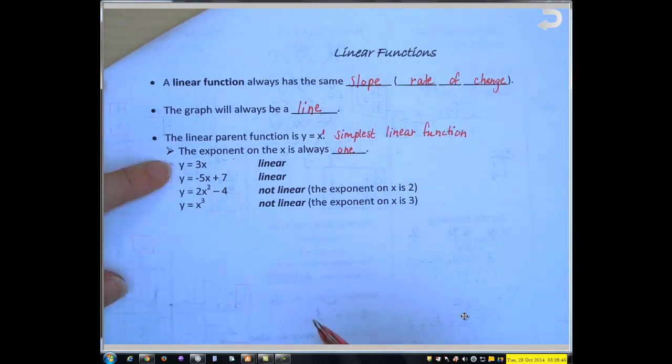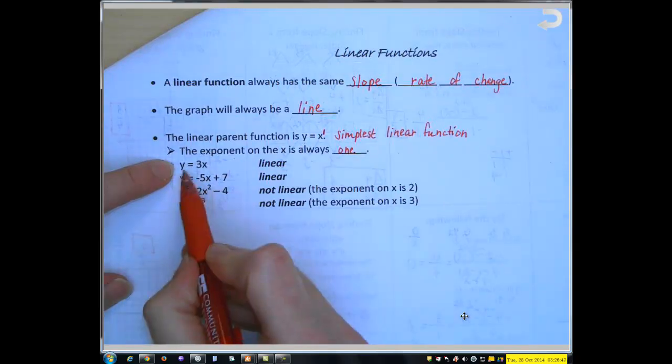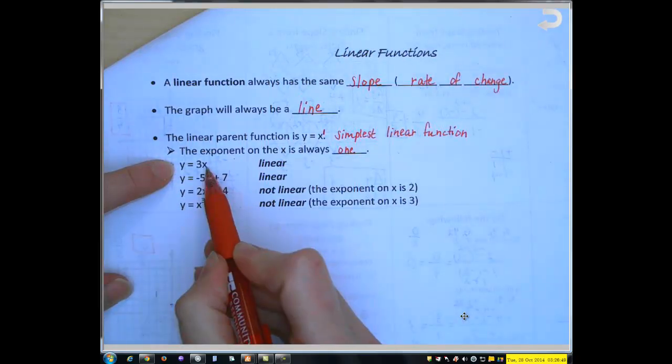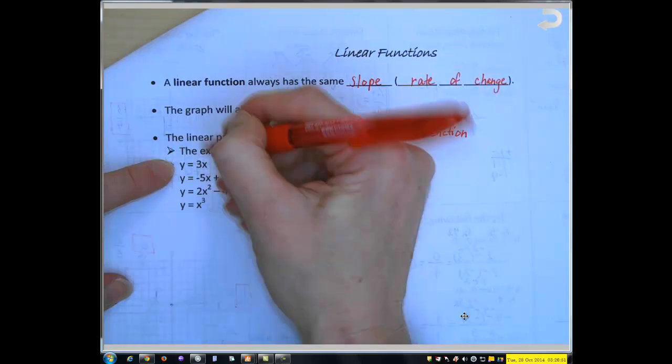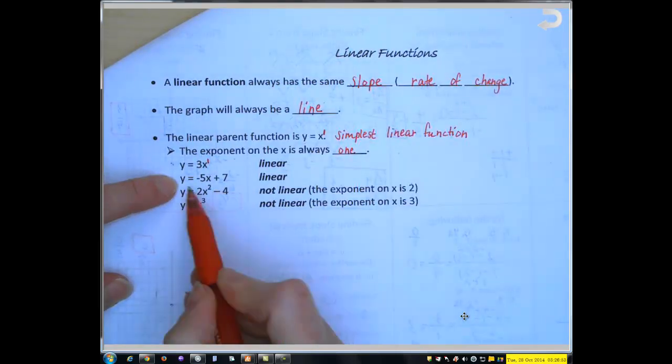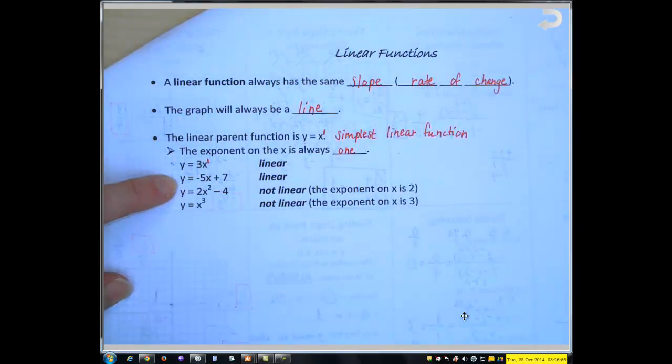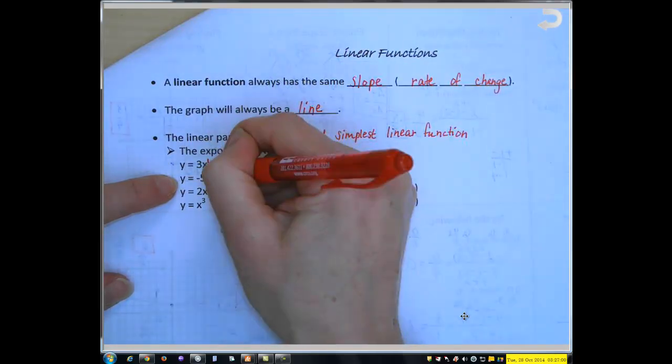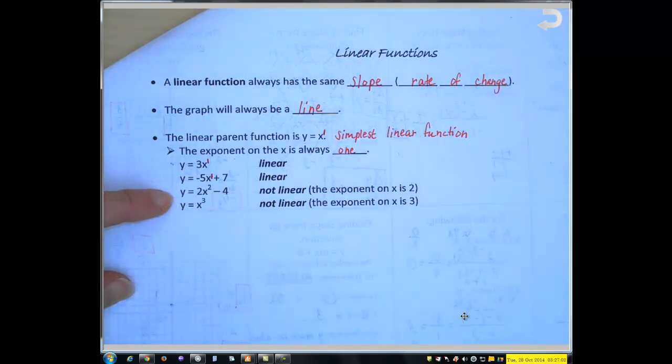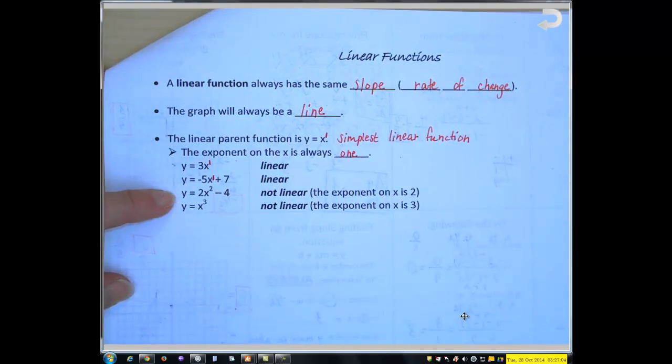So here's some examples of linear functions. This is a linear function because the exponent on the x is a 1. Y equals negative 5x plus 7 is also a linear function because the exponent on the x is a 1. Okay. In this equation, I want you to circle the exponent on the x.